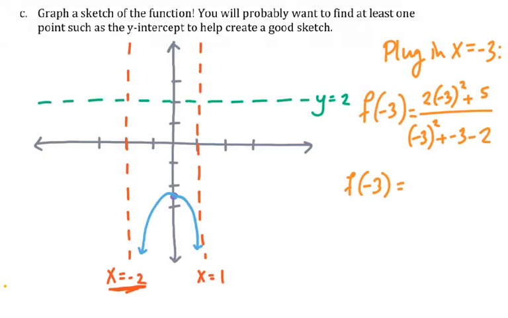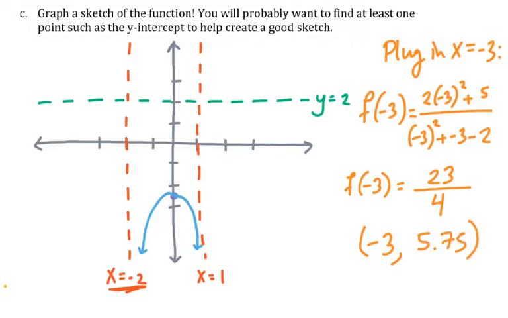And let's see, if we keep cleaning up in the numerator, negative 3 squared is 9, times 2 is 18, plus 5 should be 23. Make sure you get the same. On the bottom, I'm getting 9 minus 5. 9 minus 5 sounds like 4. So I'm getting 23 over 4. And of course, if we think through that, that'd be like 5 3/4 or 5.75. So we end up with this ordered pair, negative 3, comma 5.75.